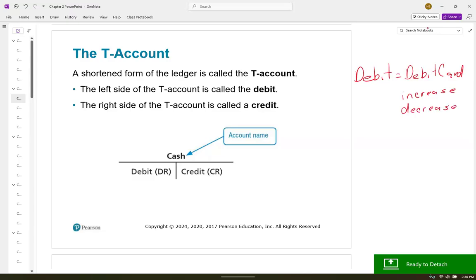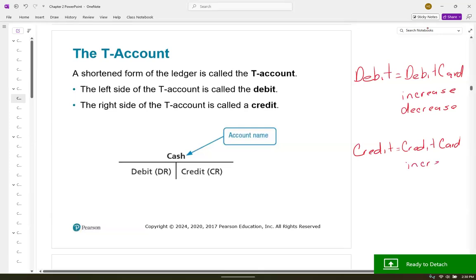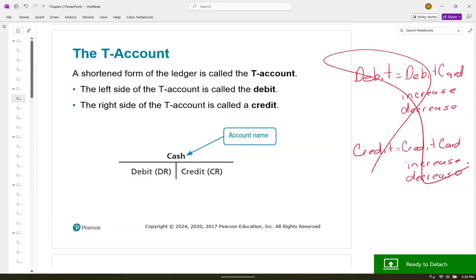For a credit, students tell me they think of their credit card, and they also may think increase and decrease. None of those are correct. I know, I just made you write all that down. Mark through it on your piece of paper because none of those are correct.